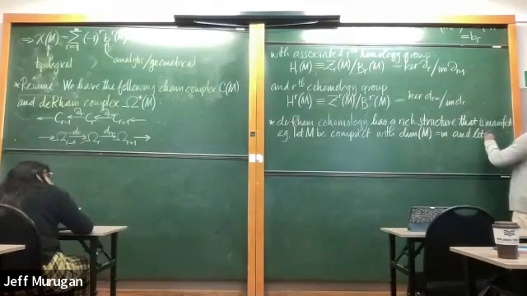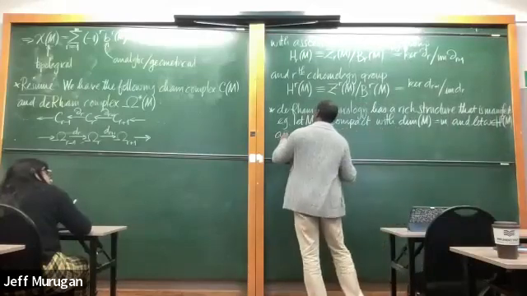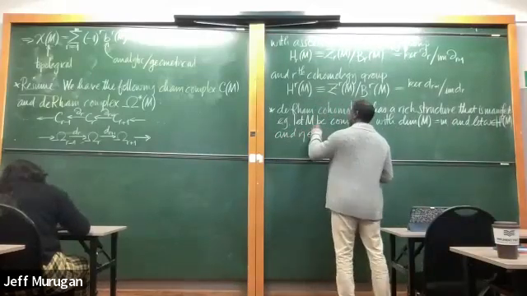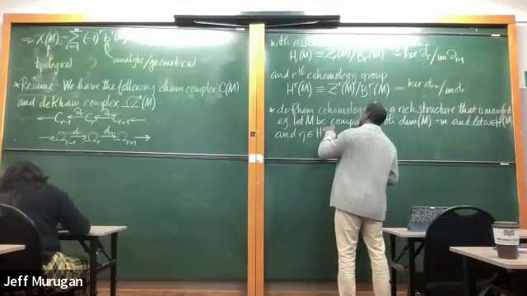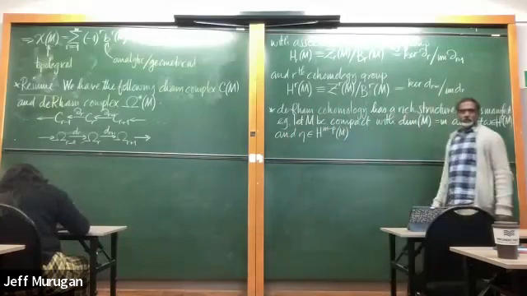So I'm going to let omega be some representative from H^p(M), and I'm going to take theta from H^(m-p)(M).